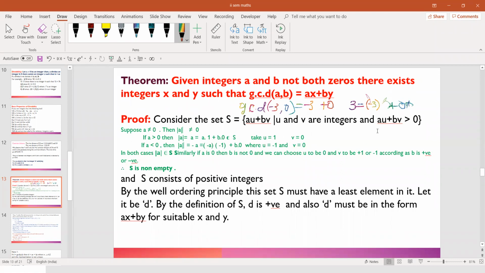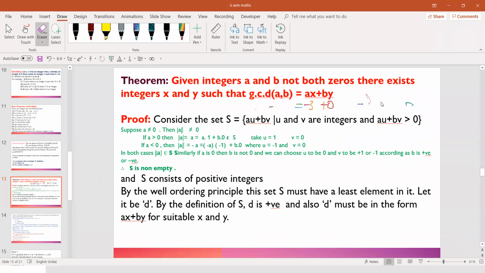So minus 3 into minus 1, and 0 into any integer you can write. So 3 can be written as minus 3 into minus 1. So there exists minus 1, and we can say any other integer. So the GCD of any two integers can always be written in this form. So we have to prove it.